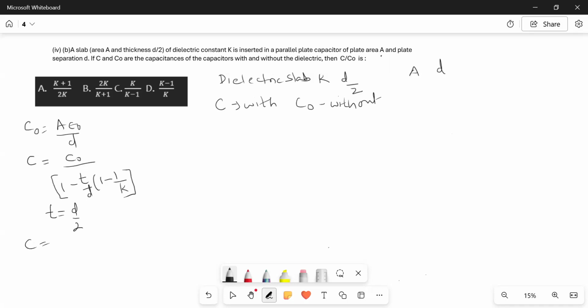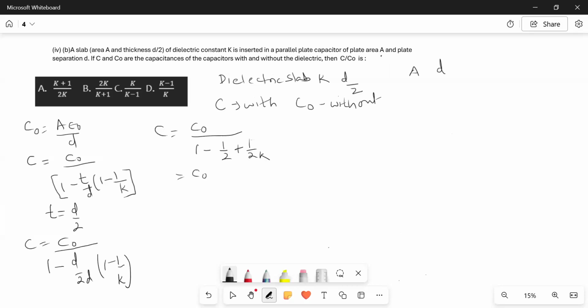So C is equal to C naught over 1 minus D by 2 into D, 1 minus 1 by K. So we get C is equal to C naught over 1 minus half. When we open the bracket, we get 1 by 2K.